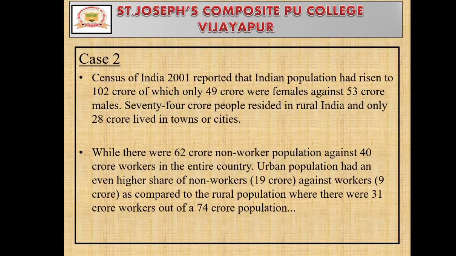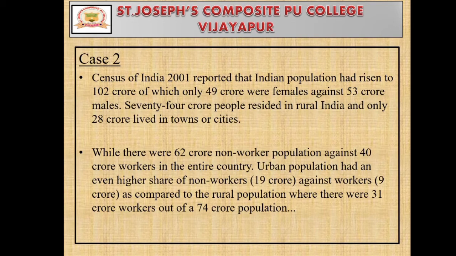One more example, case number 2, which deals with the Census of India 2001, which reported that the Indian population had risen to 102 crore, of which only 49 crores were females against 53 crores males, and 74 crore people resided in rural India and only 28 crore lived in towns or cities.